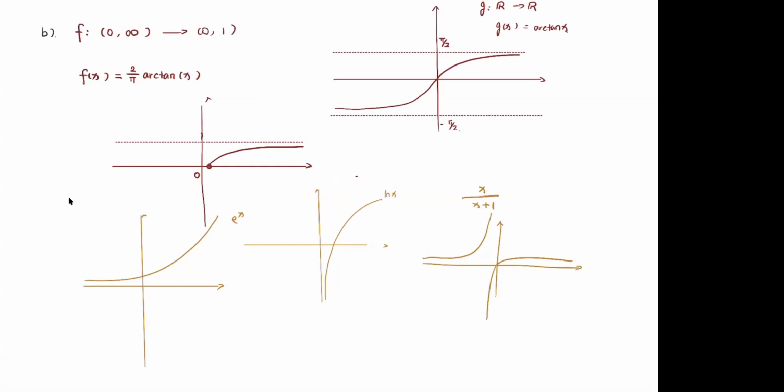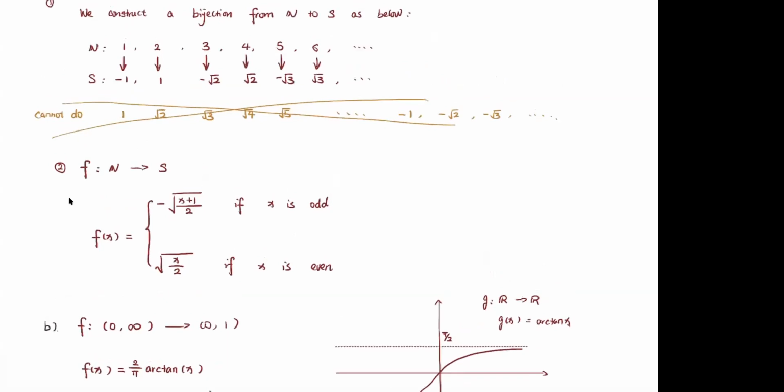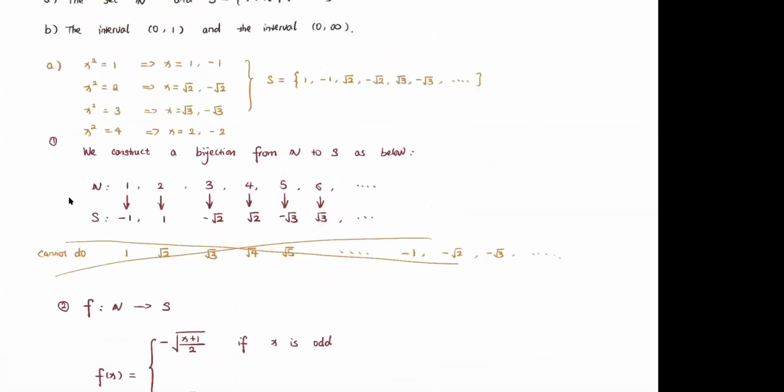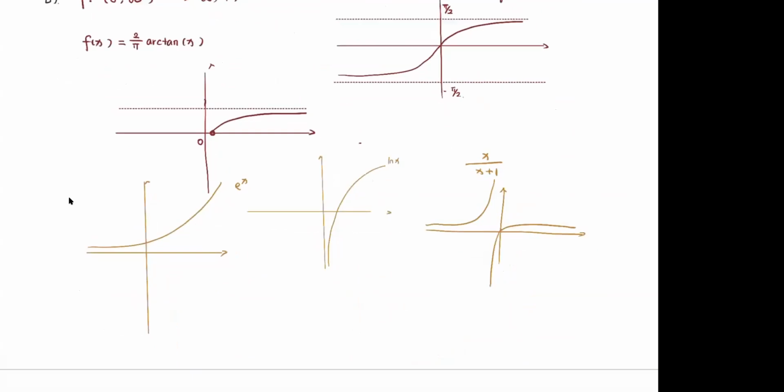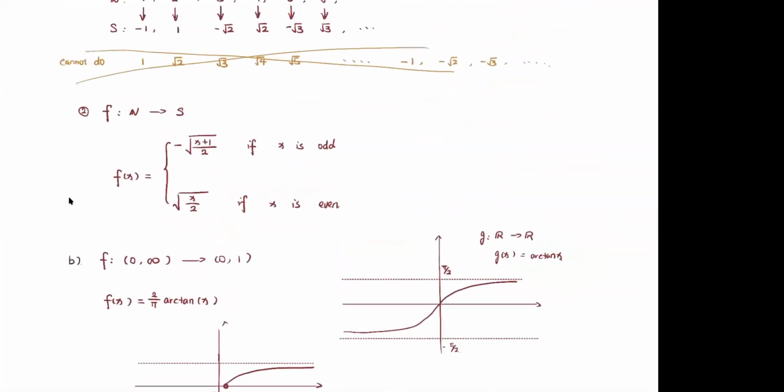Okay, another trick that I want to tell you. It might not be helpful for this question, but we know, for example, that natural numbers and integers have the same cardinality, right? Sometimes they give you two sets, and sometimes they might be weird.